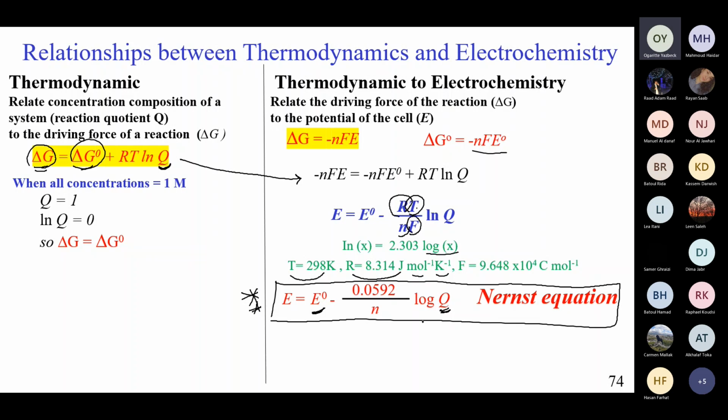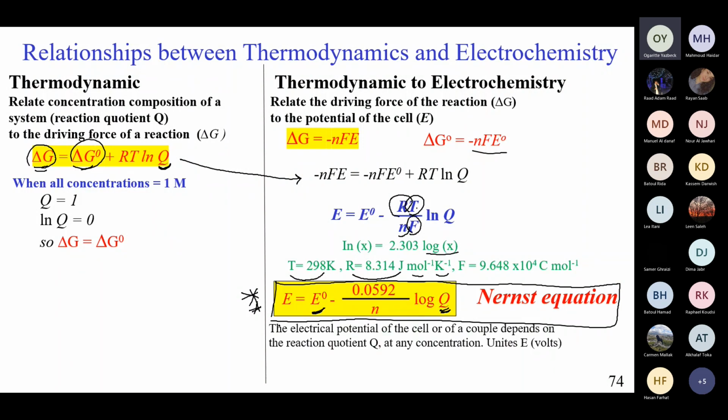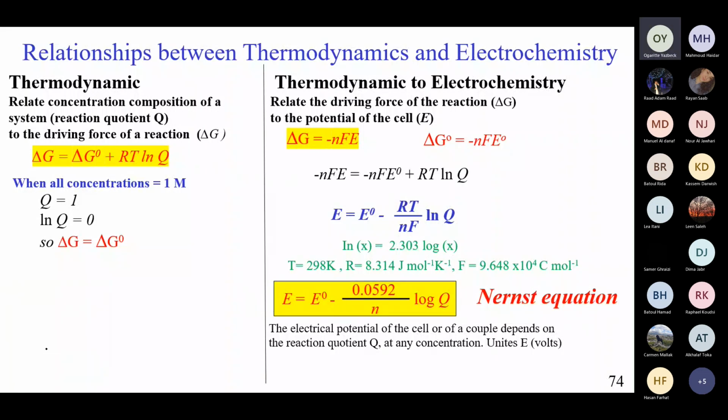So anything which is not 1 molar, the E naught must be corrected, and now we call it the E for each couple. So for any couple I can correct their E naughts, and for the overall reaction as well, I can get the E for the overall reaction, knowing the E naughts.